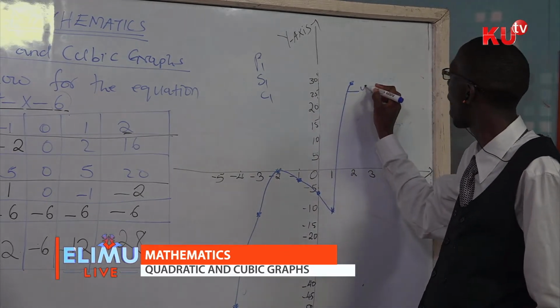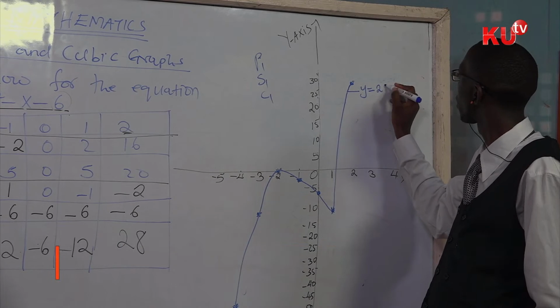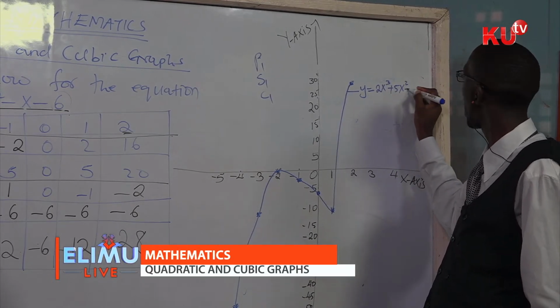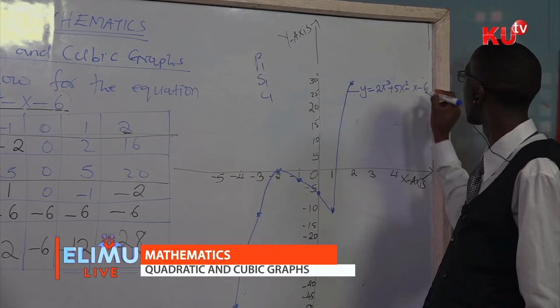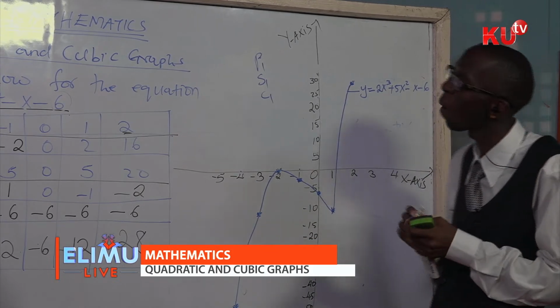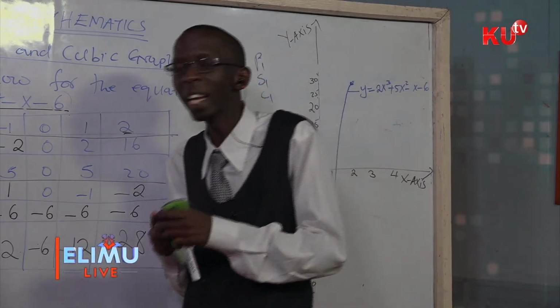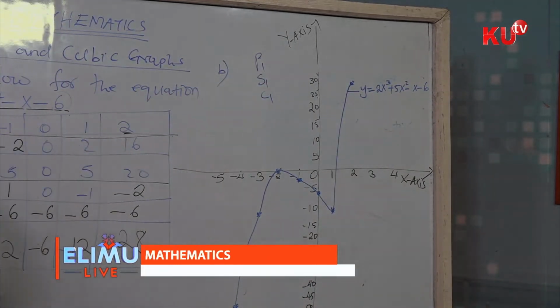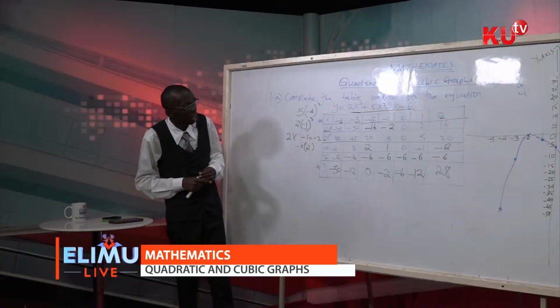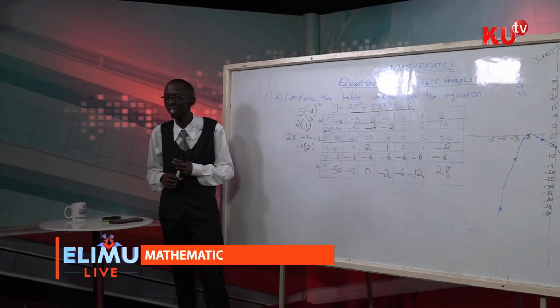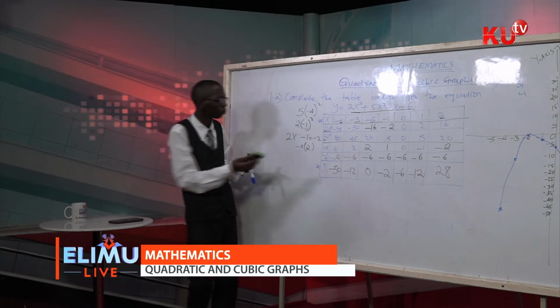Then for you to get the mark of a smooth curve, you must label your graph as y equals 2x cubed plus 5x squared minus x minus 6. That is our curve. That was question part B, plotting the graph of the equation given.